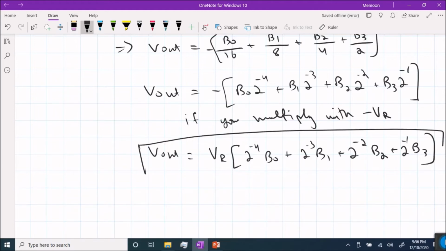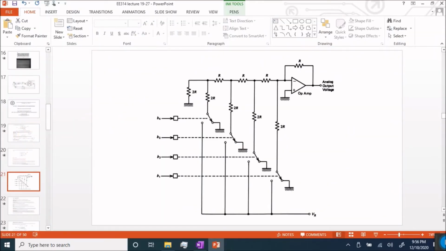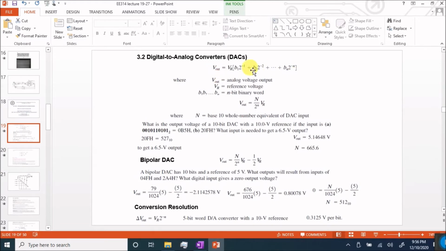And that is exactly the relationship that we studied earlier in our slides. Let me show here. This is the relationship. V out is equal to VR into B1 2 raised to power minus 1, B2 2 raised to power minus 2, and so on.